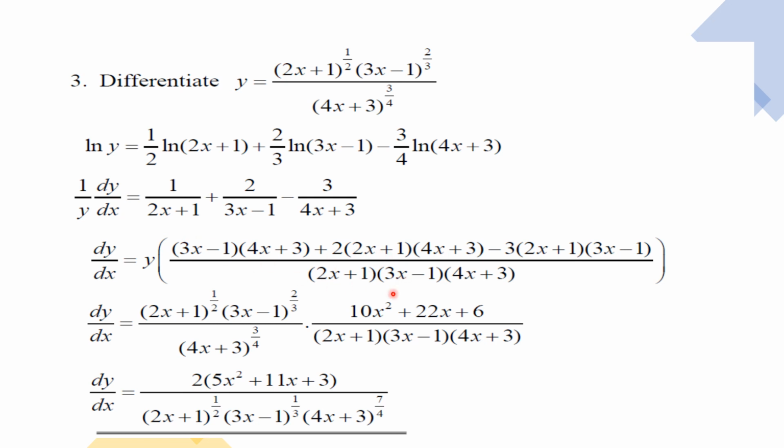Work this out and simplify, and you will arrive at this answer. Then you substitute your y with y in terms of x from the question. So this will be your final answer after simplification. Please work on the simplification, the nitty-gritty of the algebra, and make sure you arrive at this answer.